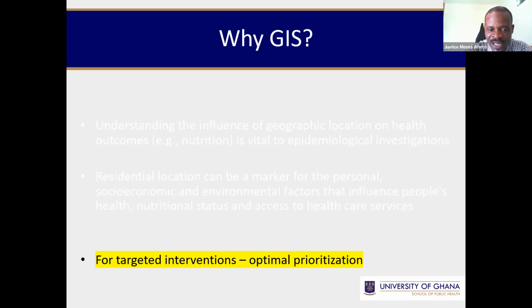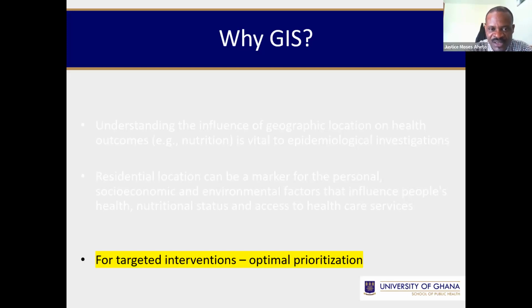maps that can identify communities where, maybe, let's talk about prevalence of malaria in a given country among under 5 children. Definitely across the whole country, either Ghana or Sudan or Somalia or Tanzania, it might not be possible to roll out a universal intervention to address the problem of malaria prevalence among under 5 children.